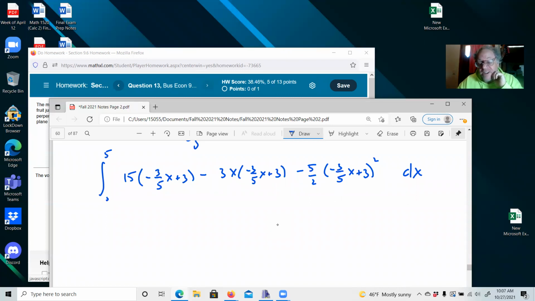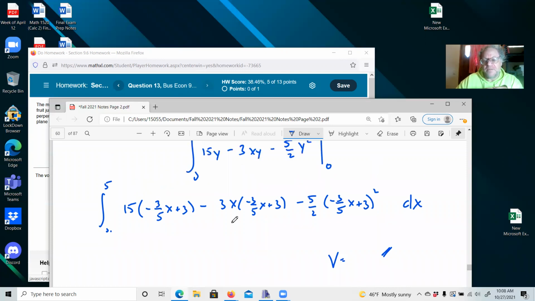So it's a couple of lines of algebra. I think our video has probably gone on long enough. But this is how you set this one up. We're just going to integrate with x between 0 and 5, and then hope the arithmetic is right and get our volume. So I think you guys can take it from here.